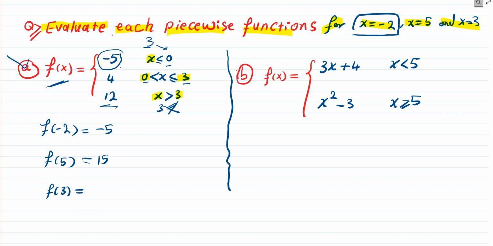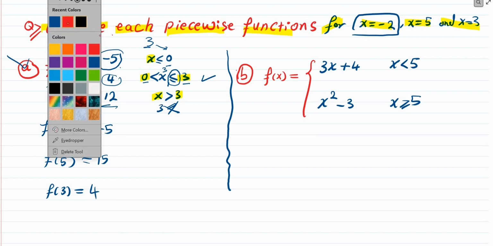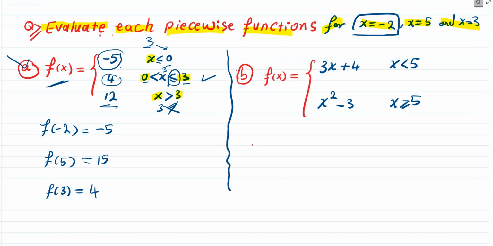So what should we do? The best place for 3 is the second condition, because here we have an equal sign, so 3 can be equal to 3. So the best condition for 3 is the second one, and the answer equals 4.